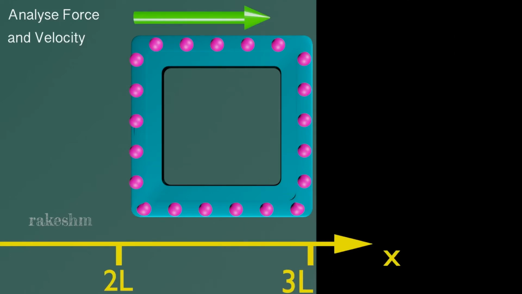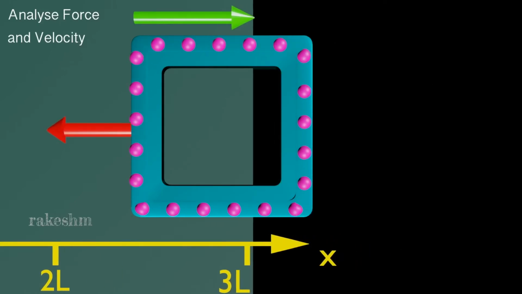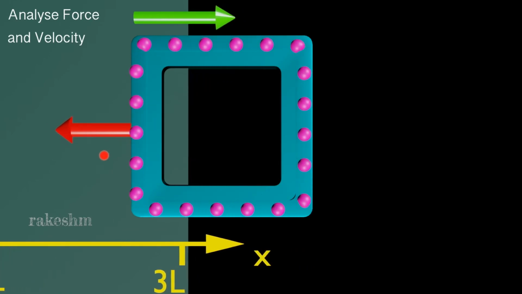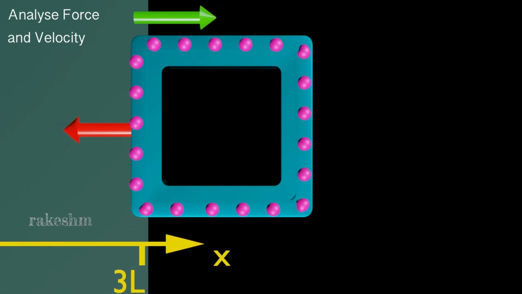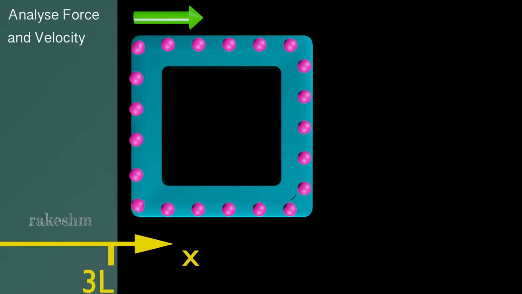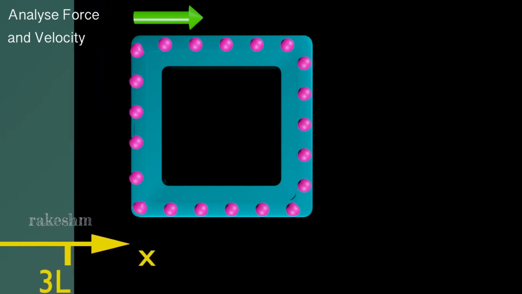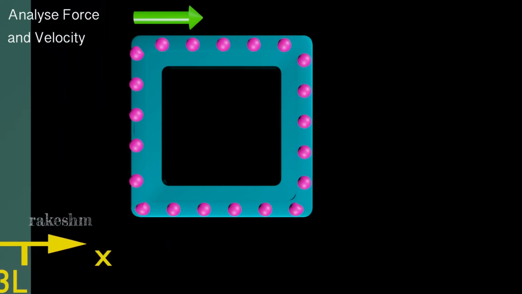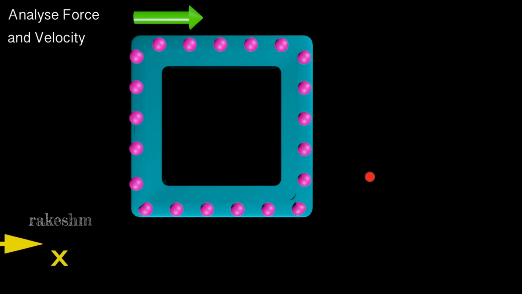The only force on the loop will be on this part, and from I L bar cross B bar we can get the magnitude and also the direction of force. So the force is towards left, and finally there is no current, neither magnetic field, and the net force on this loop is 0.